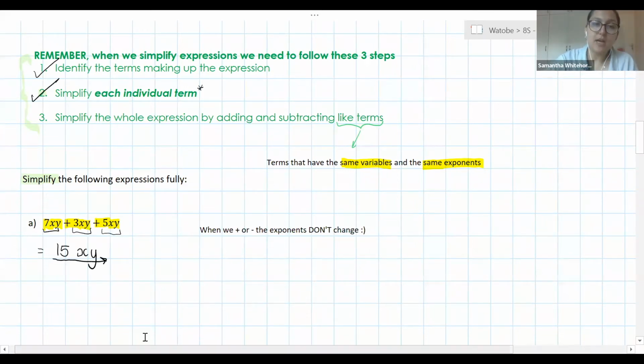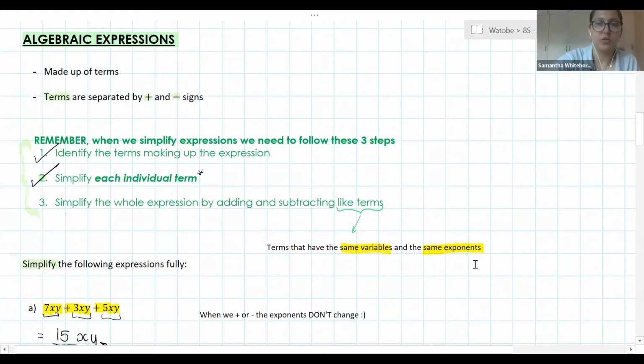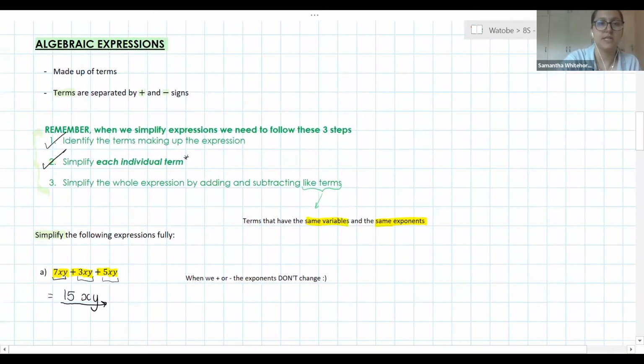Right, so adding or subtracting, so dealing with like terms, the exponents are not going to change. That's very important to remember. Right, if you want to take a screenshot of this beautiful mess, there you go. I've just put it so that you can see all of it.